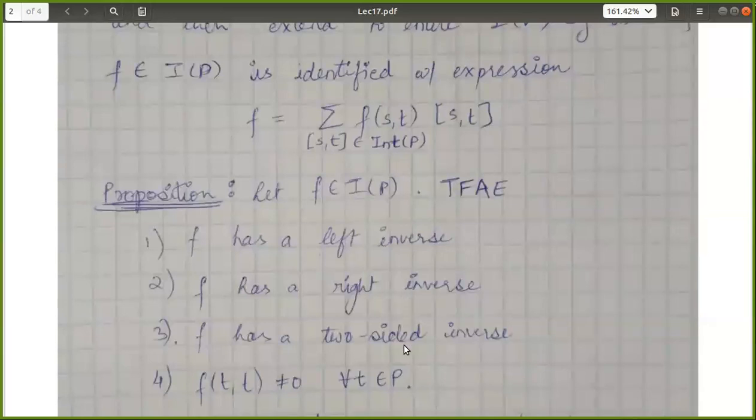And when this is equivalent to this and this is also equivalent to this, it is quite straightforward to see that the two-sided inverse is going to be the unique left inverse as well as the unique right inverse, right? Yes, ma'am. And all these conditions are also equivalent to saying that f of TT is non-zero for any t in the poset P. Okay. Yes.